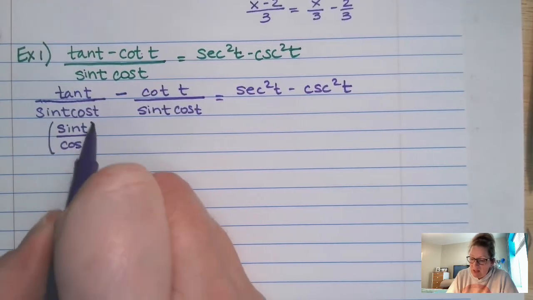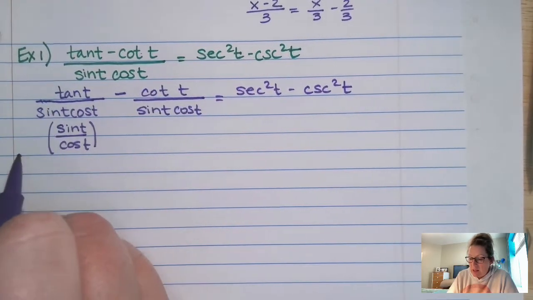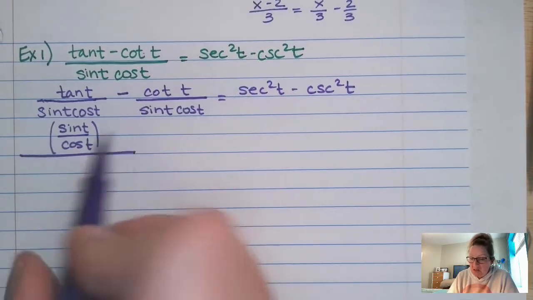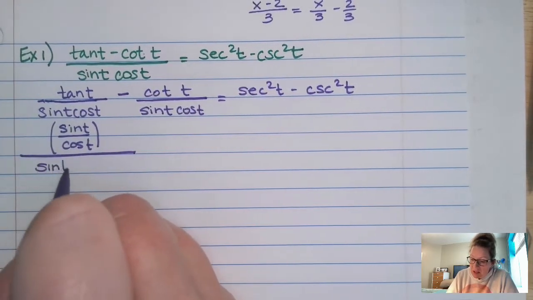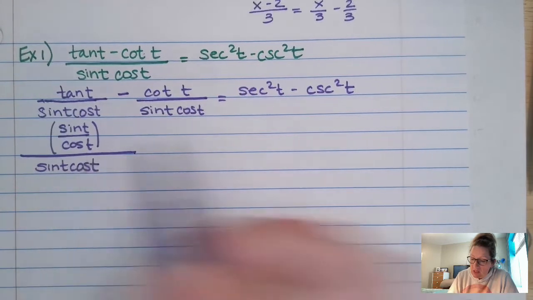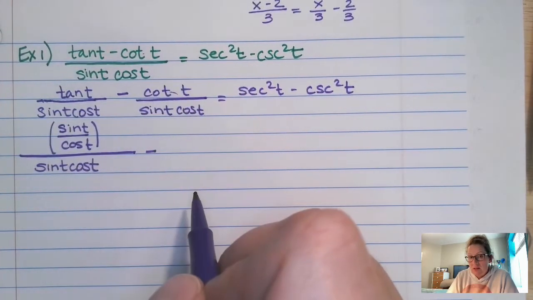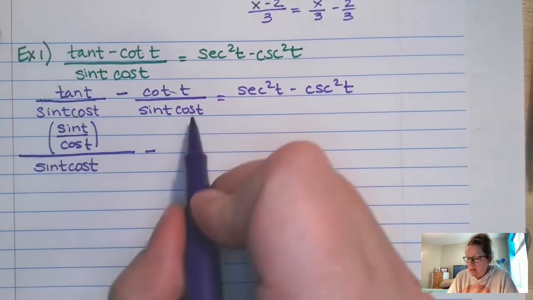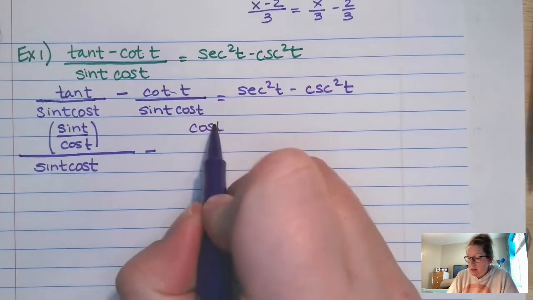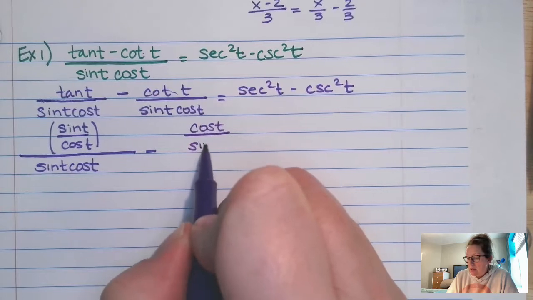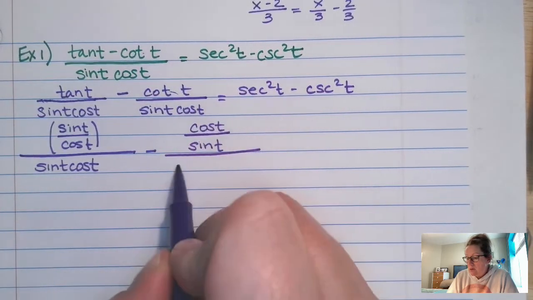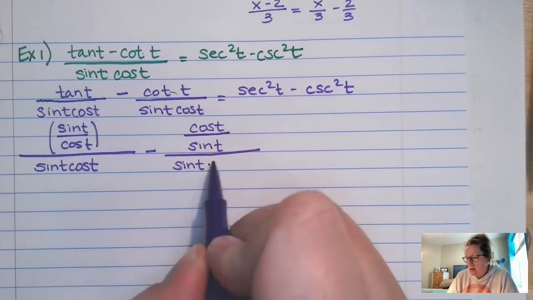I'm going to put this in parentheses just to keep it separate. Divided by, and you don't have to by any means, sine t over cosine t minus, I'm going to rewrite this in terms of sines and cosines. So that's the opposite of this guy. So we're going to go cosine t over sine t, all over sine t cosine t.